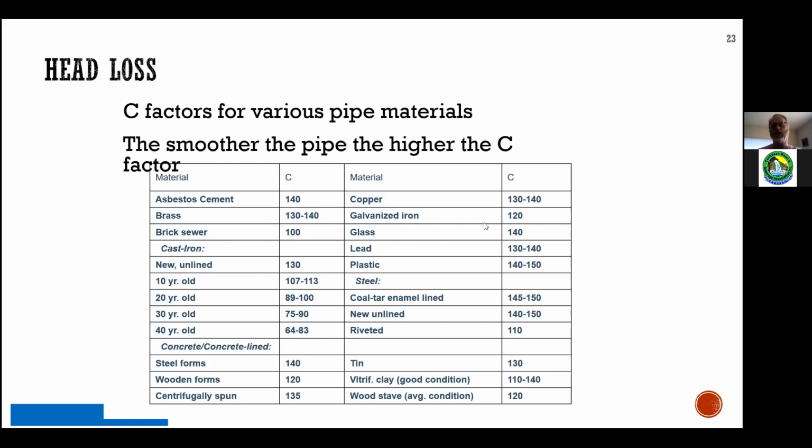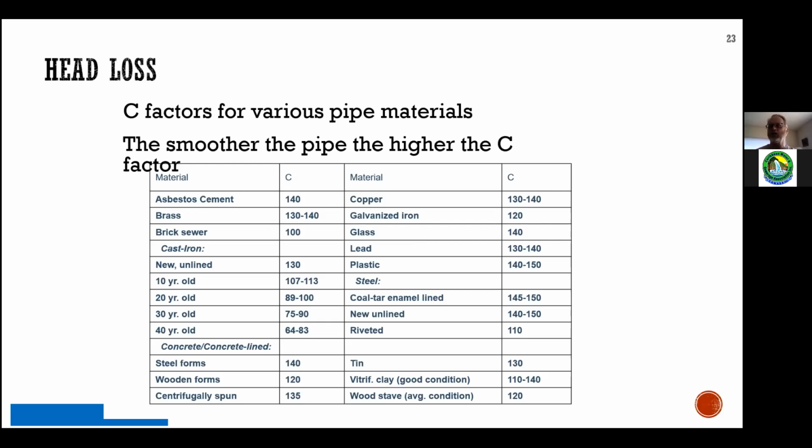And this is new galvanized iron, 120. So when a pipe is new, smooth, put into service, the question then is, and when we talk about operations, we'll look at that some more, what is it about your system in terms of its age and its characteristics that can actually lower that C factor?